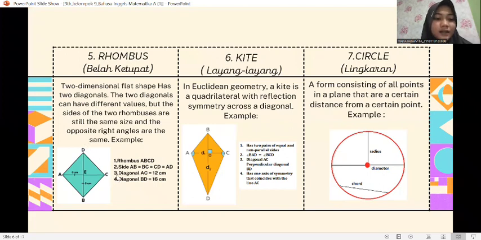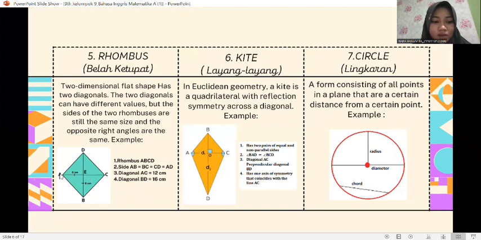Okay, the diagonal AC equals 12 centimeter. Why 12 centimeter? Diagonal AC equals AE plus EC.